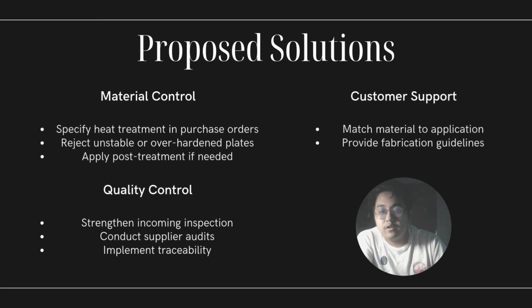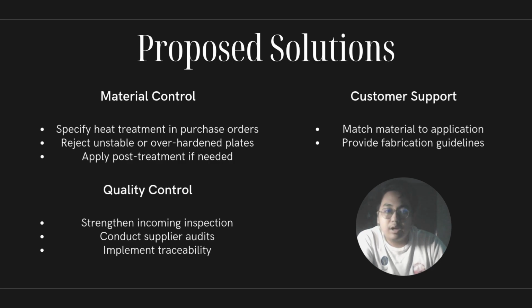So, to solve all the problems that we mentioned before, we recommend clearer material specification in the purchase order, such as acceptable case depth and surface hardness. Plates that are too hard should be rejected or normalized. Other than that, quality control should also be strengthened by hardness profiling, microstructure check, and regular supplier audits.